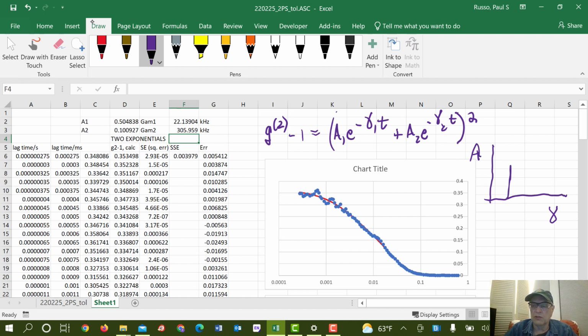This is the fit we're doing. And we know from the synthesis of this guy, which is undoubtedly some sort of free radical polymerization, that it might be possible for it to be something like that. Right? But there's no way it's exactly 2 exponentials, and yet 2 exponentials fits the data pretty well.